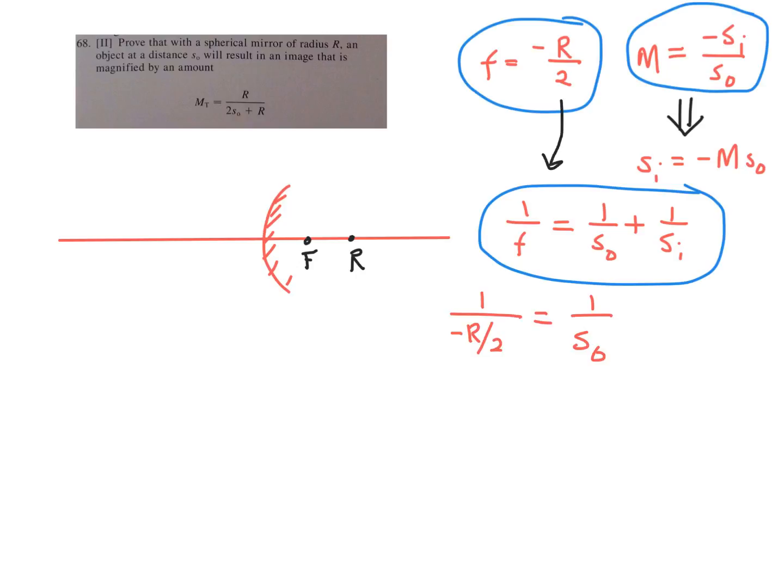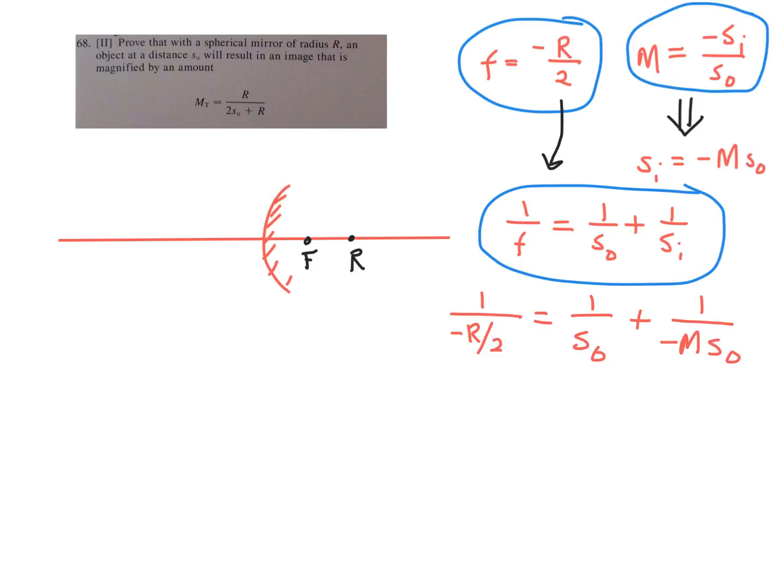I want s sub o in the answer, r in the answer, but I cannot have s sub I in the answer. That's why I solved that magnification equation for s sub I, so I could get rid of that. It's 1 over negative m times s sub o. The rest is algebra.